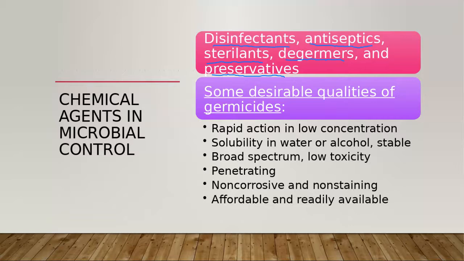Some desirable qualities of a germicide: rapid action with low concentration, because higher concentration is usually more expensive; solubility in water or alcohol; broad spectrum, which means the chemical is able to kill different types of microbes, with low toxicity to humans, to us; penetration to the surface; non-corrosive, especially if we use it on our equipment; and non-staining, for example if we use it in some place or area that requires the place to stay the same, the color will not change after chemical application.